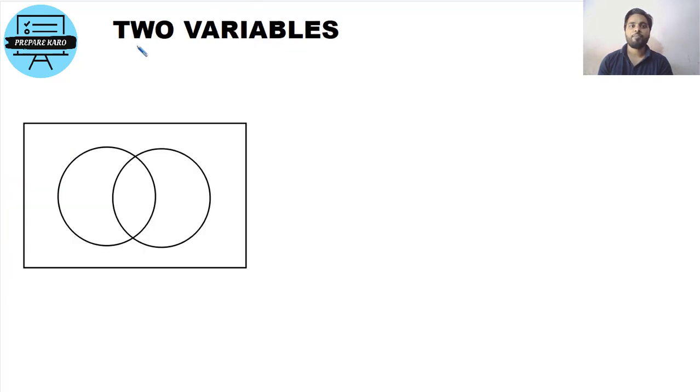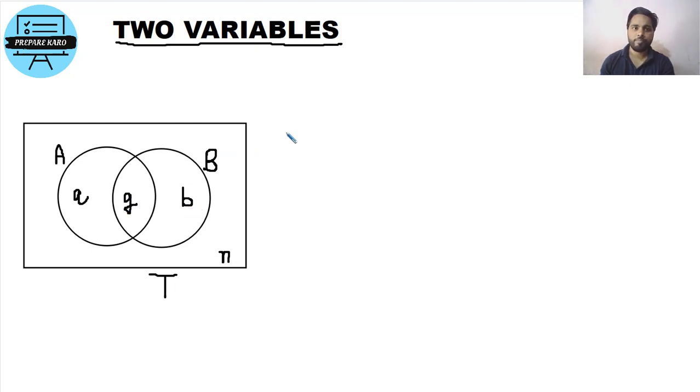Let's come to 2 variable Venn diagrams. There is a particular language that we have to understand in this topic. Let's say capital A and capital B are the variables, capital T represents total, small n represents none, and small a, small b and small g are the regions.